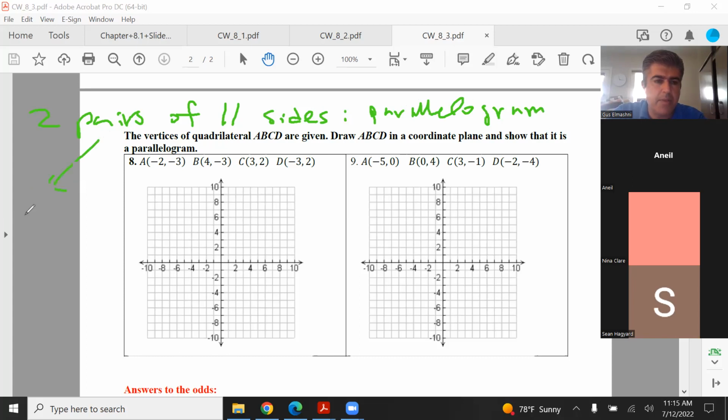meaning that you're going to want the same slopes. So -2, -3, 4, -3, 3, 2, -3, 2.